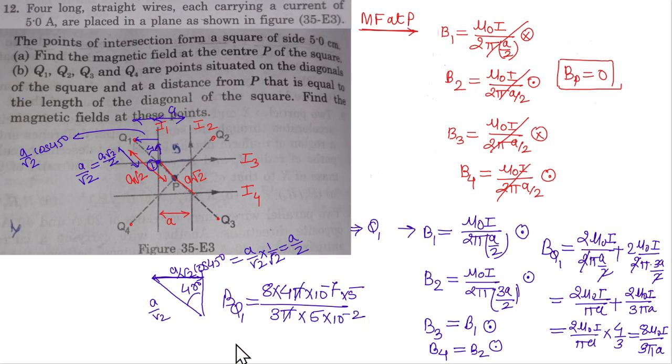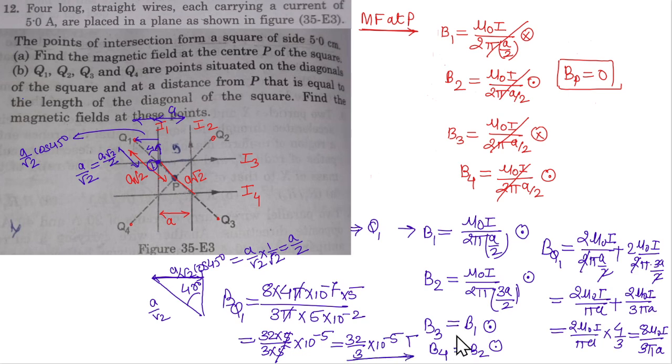So this pi will cancel out, and it will become 32 into 5 divided by 3 into 5 into 10 raised to power minus 2 times 10 raised to power minus 5. So this 5 again will cancel out and you will get 32 by 3 into 10 raised to power minus 5, and it will be in Tesla.